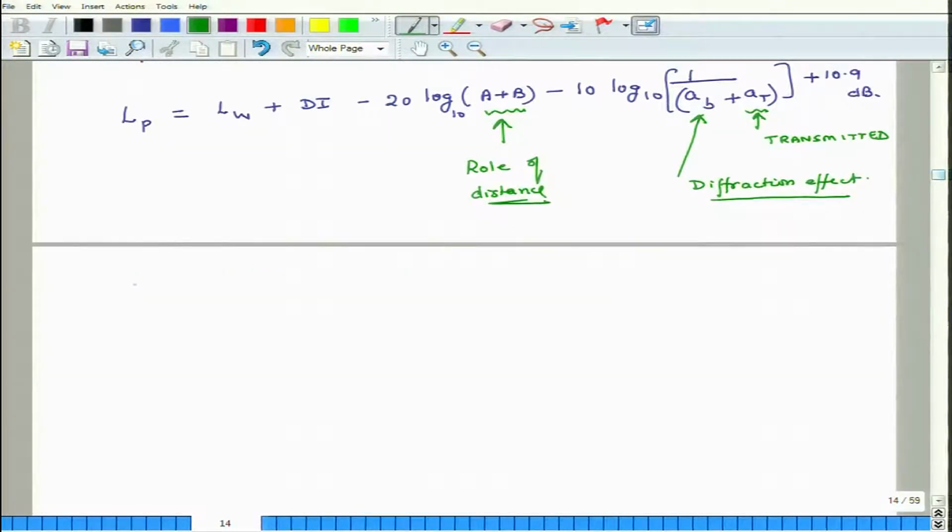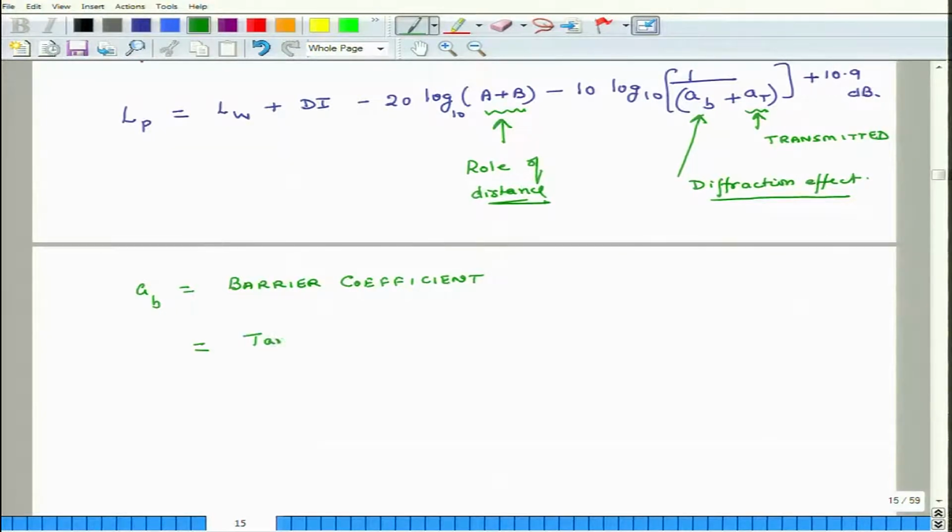Now, AB is called the barrier coefficient, and you can calculate it in this way.